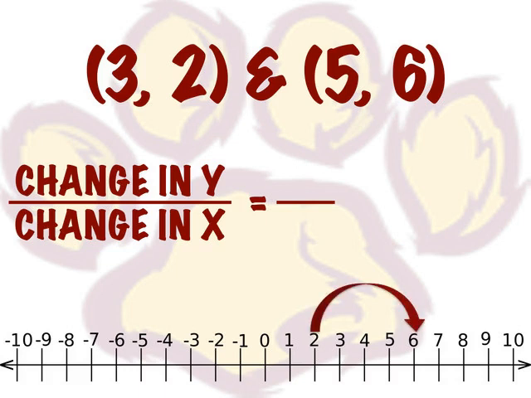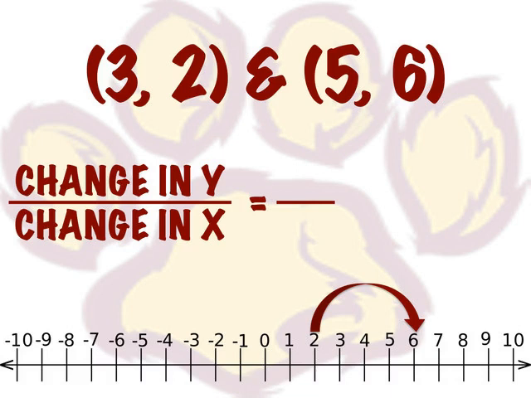What we're looking for, if you see on our number line, is the amount that we need to move to go from that first y value to the second y value. In this case, we are moving from 2 to 6. When you move 2 to 6, you are moving 4 to the right.